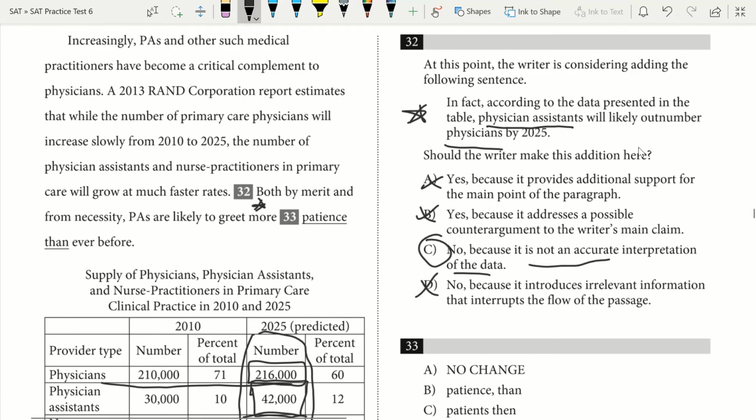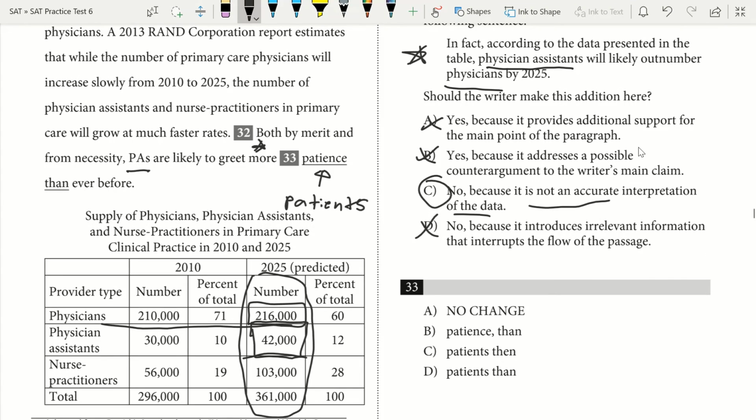"Both by merit and from necessity, PAs are likely to greet more patients." Well, that's the wrong patients, right? We're talking about the patients in a hospital, which is spelled P-A-T-I-E-N-T-S. The patience they wrote is what you have when you wait for something. So we can get rid of any of them that have the wrong patients, so we can get rid of A and B. Now we see the difference between C and D is the type of "than."